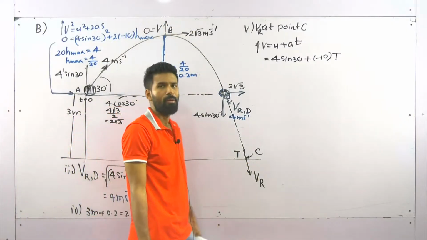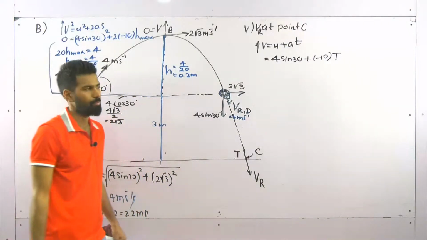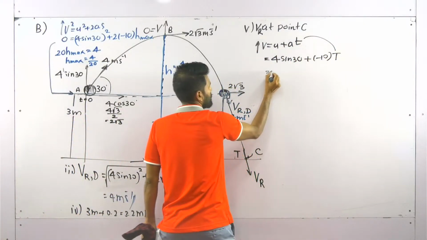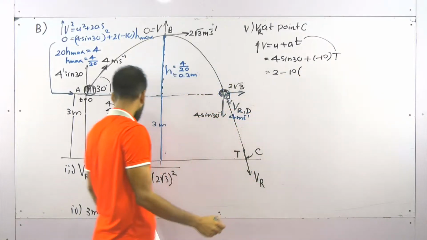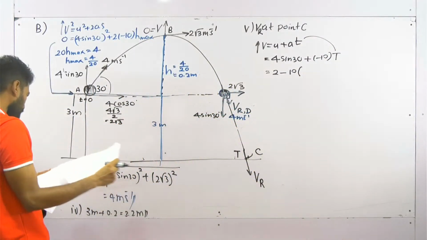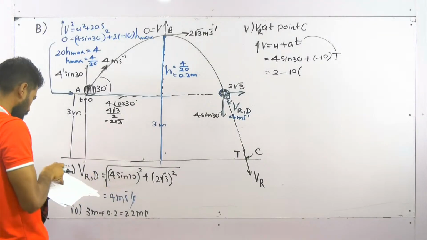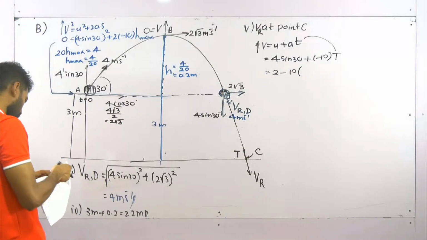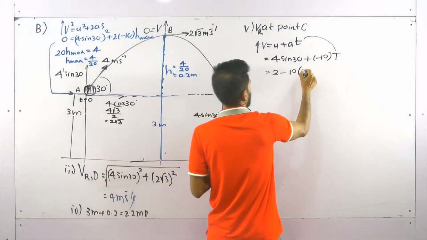We have already got the answer for capital T, the flying time. Applying v equals u plus at for the flying time, 4 sine 30 is the initial velocity, 2, minus 10. And what was the flying time? Flying time was equal to 1 second.